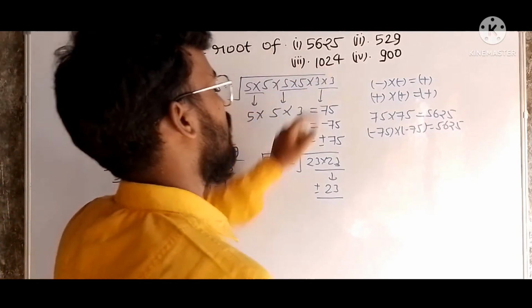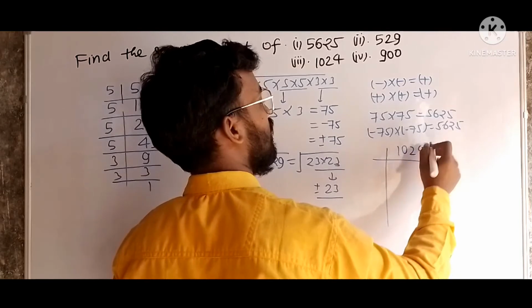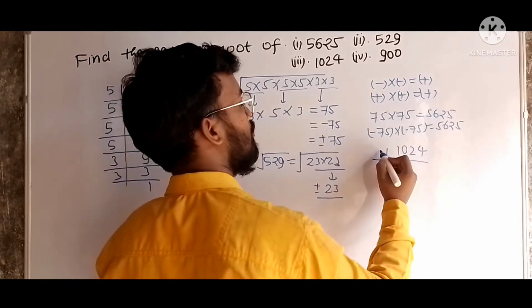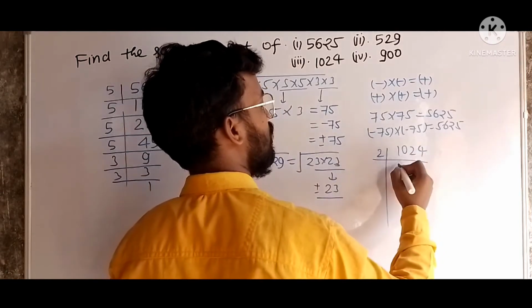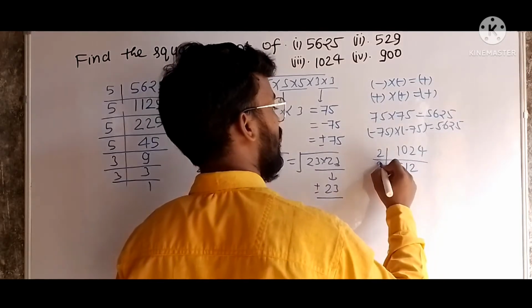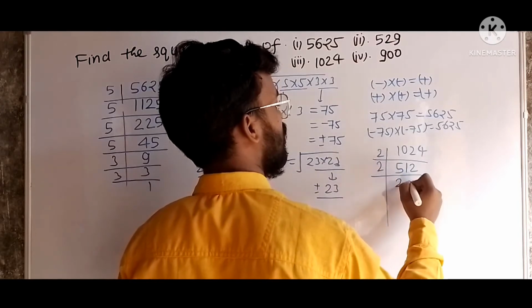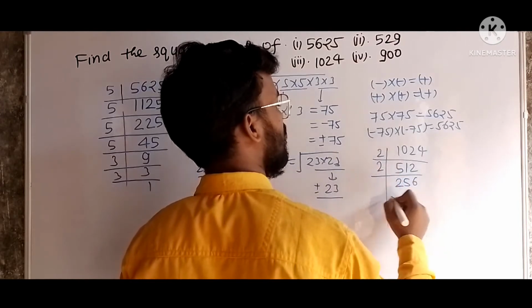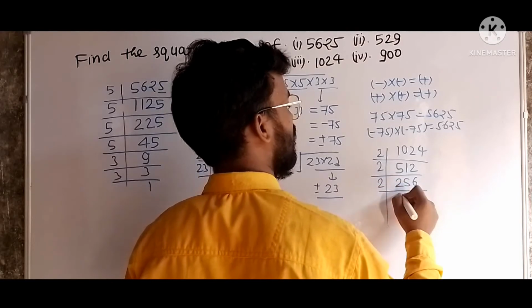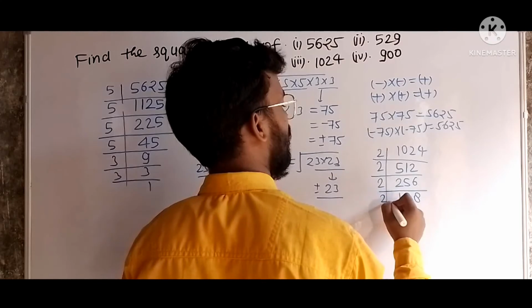Now for 1024, factorize it first. This number ends in 4, so it is an even number, so divide by 2. From here you get this one, again divided by 2, because this is an even number, then 6, again divided by 2, then you get 128, then again divided by 2.